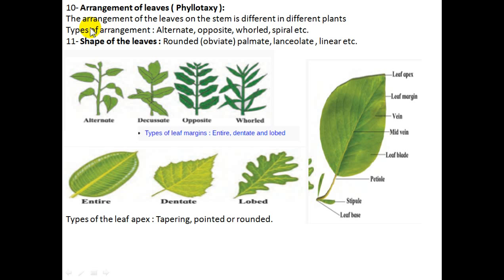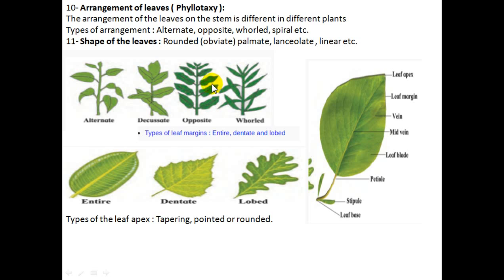Arrangement of leaf. The arrangement of the leaves on the stem is different in different plants. Types of arrangement are alternate, opposite, whorl, and spiral. किस तरह से होता है? Alternate, it may be alternate. Opposite, just opposite to each other.